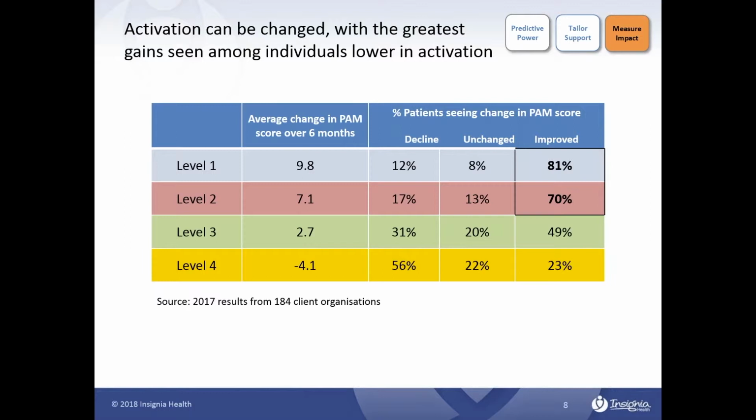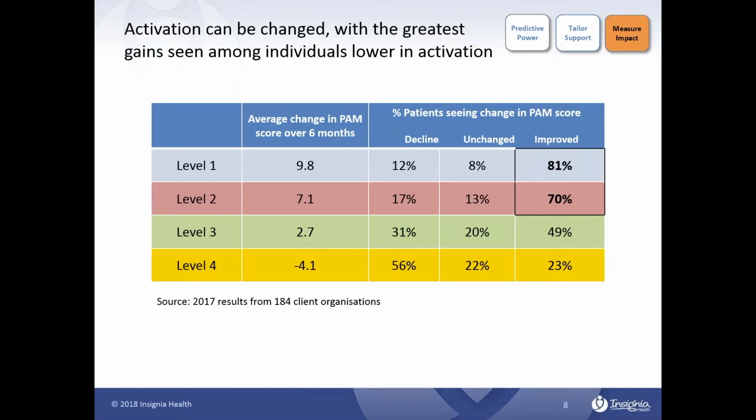It gets a little less as you move up the activation levels, but about 81% of the lower activated improved when they did their second PAM testing within the 6 months. Obviously, there are those that are intractable and don't change, so it was about 8%.